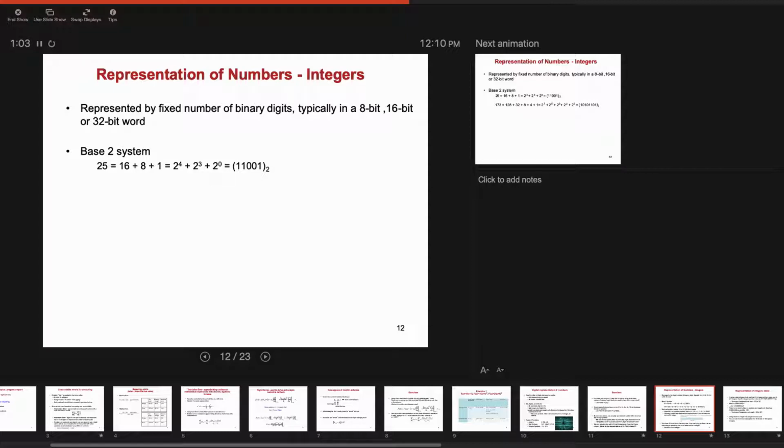Okay, so how do we switch back and forth? Because ultimately I have to somehow fit those numbers into computer memory. So the first thing is to figure out how to switch back and forth. And we go back to how we do decimal numbers.